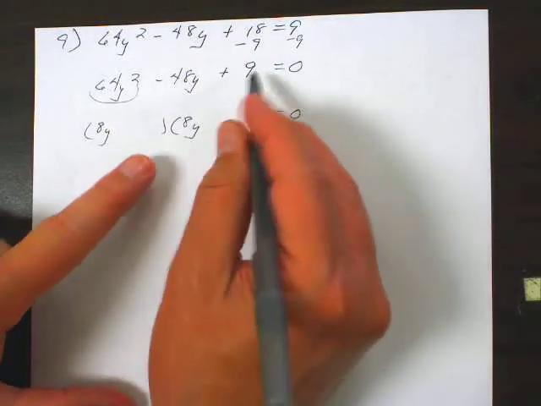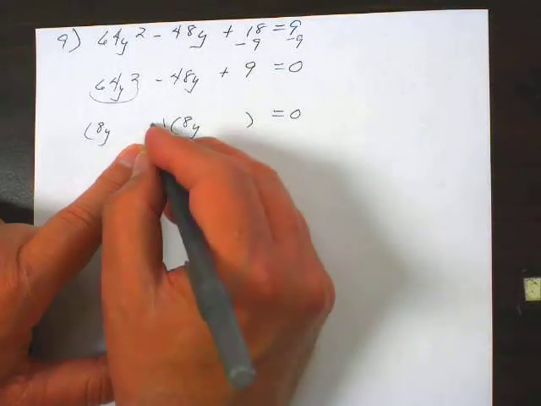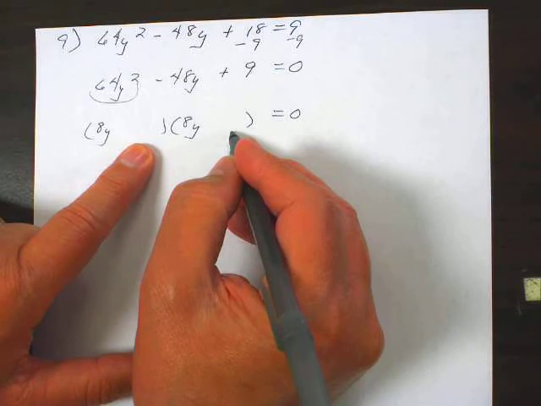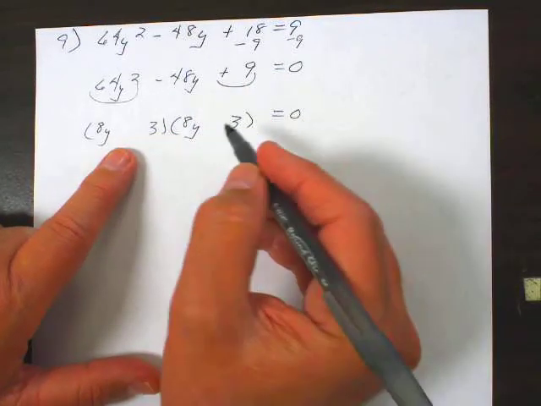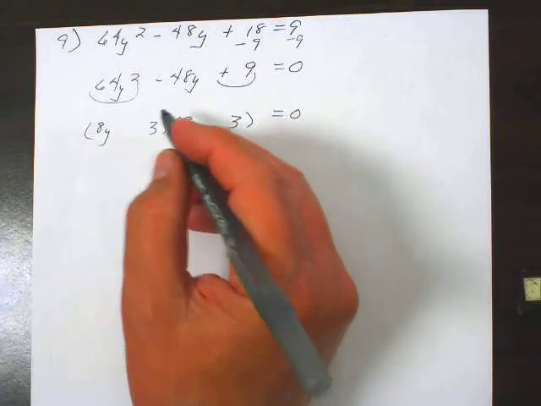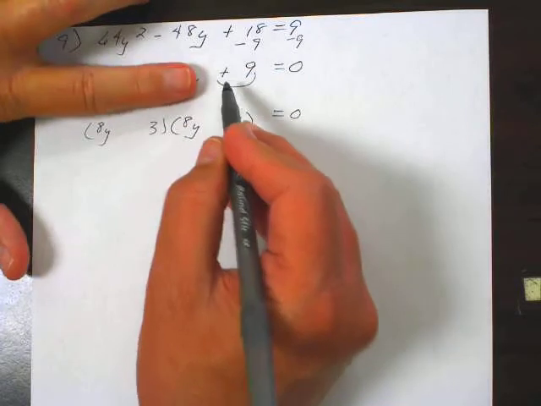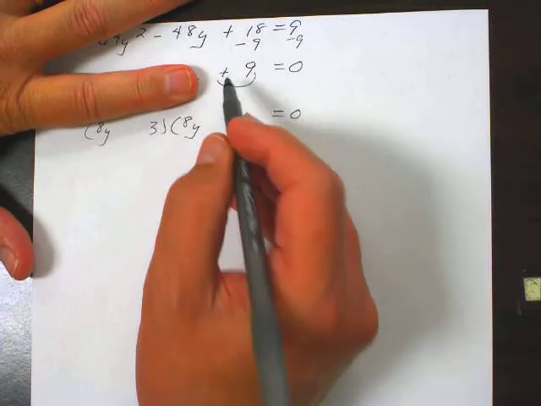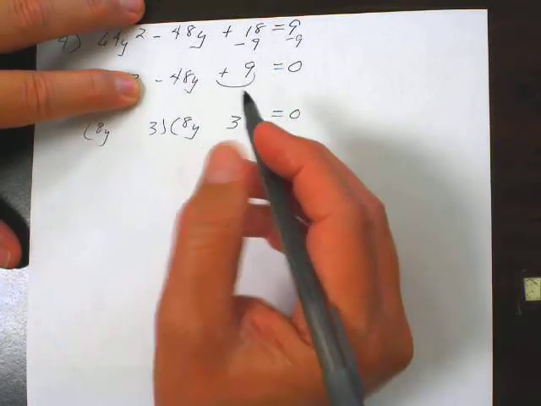And then the square root of this over here would be 3 and 3. And then what are my signs going to be? When the last one is positive, it's either plus plus or minus minus. Yeah, so it's minus minus.